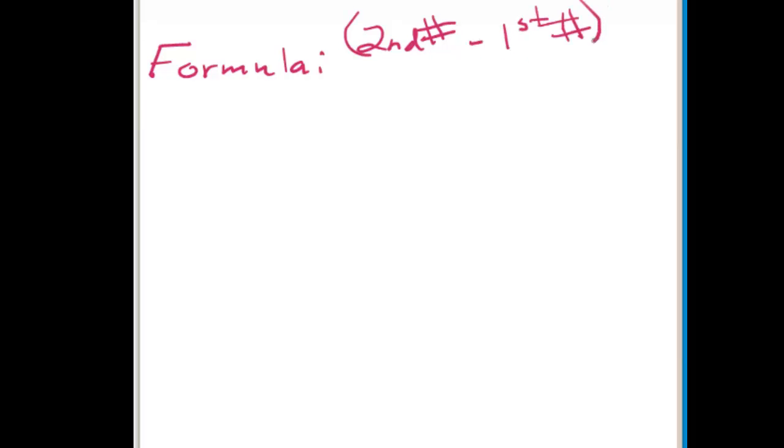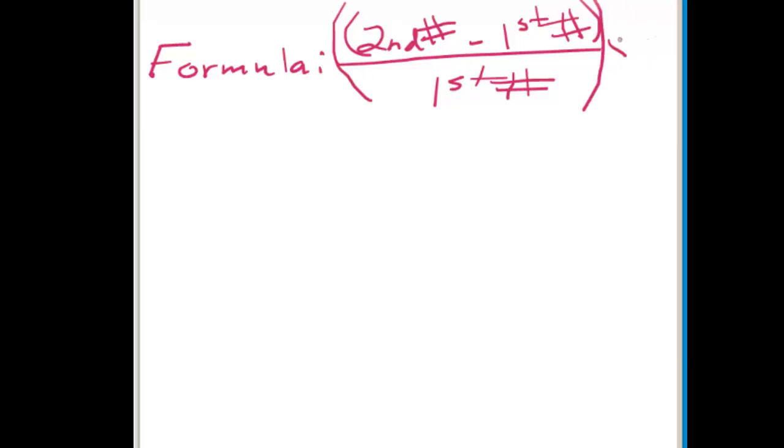Okay, you do that calculation first, so you subtract the first number from the second number. It's important that you subtract the first from the second, because we're usually going forward in time. Okay. So this is how much bigger or smaller is the second number than the first number. And then you simply divide that by the first number, and then you take that whole result and multiply it by 100 to put it in percentage form.